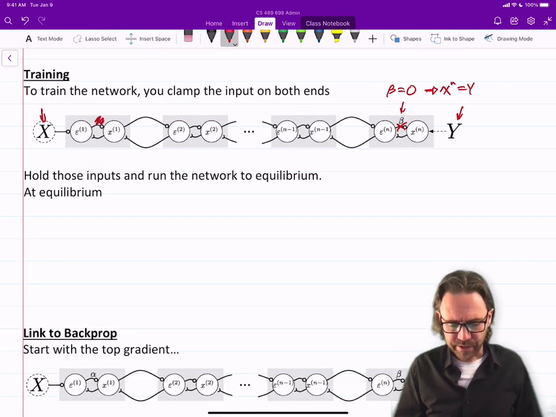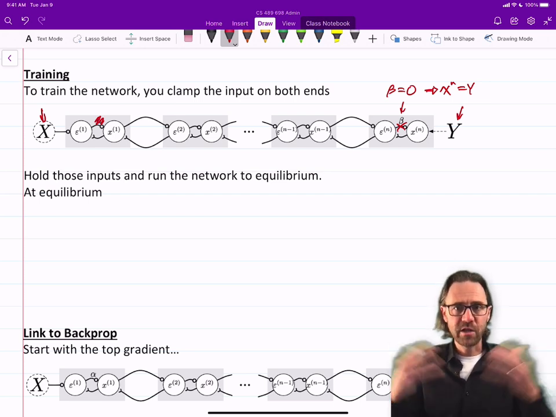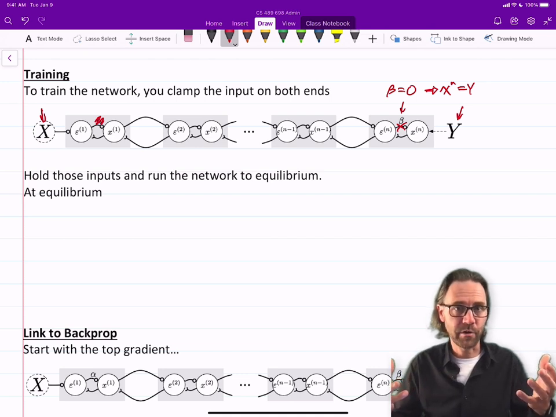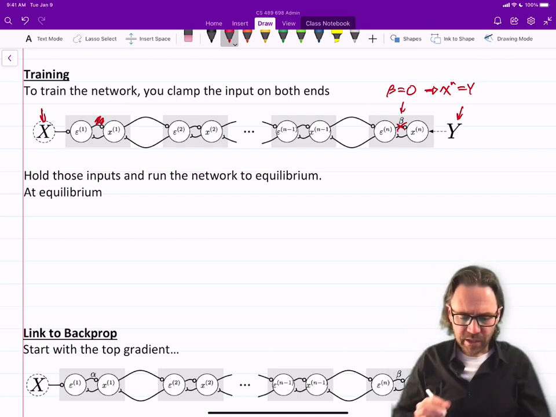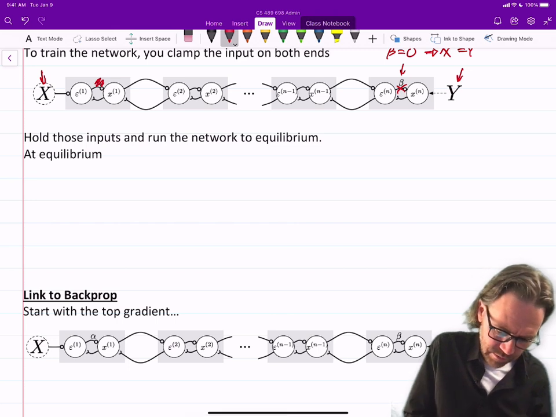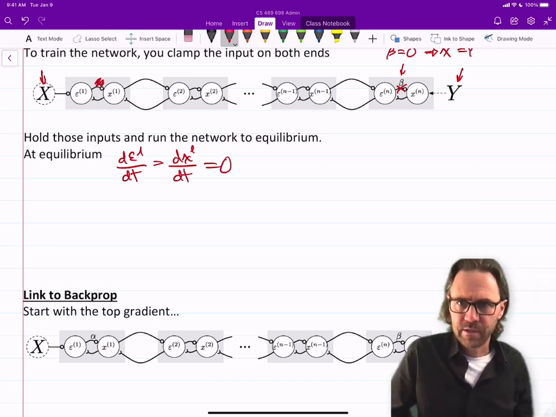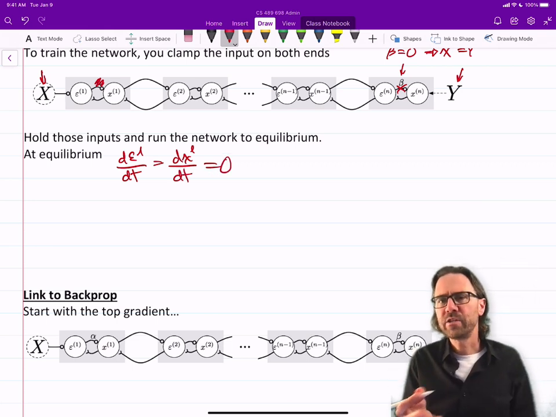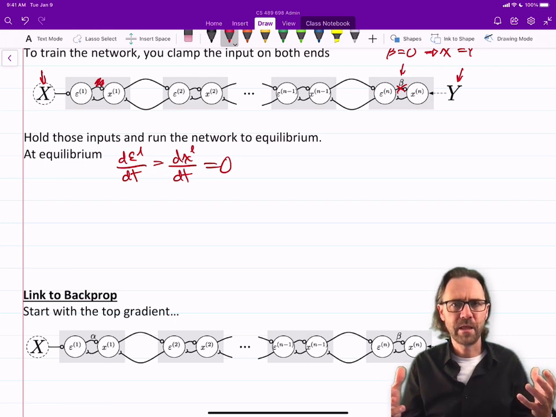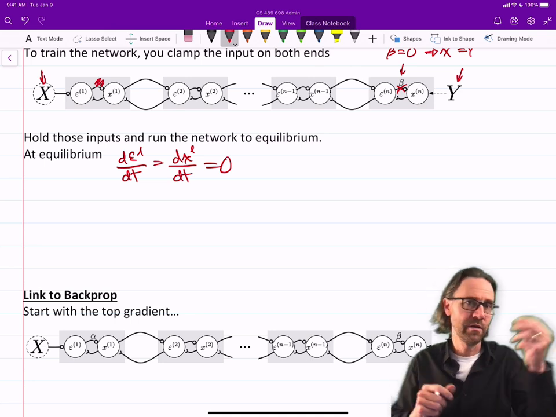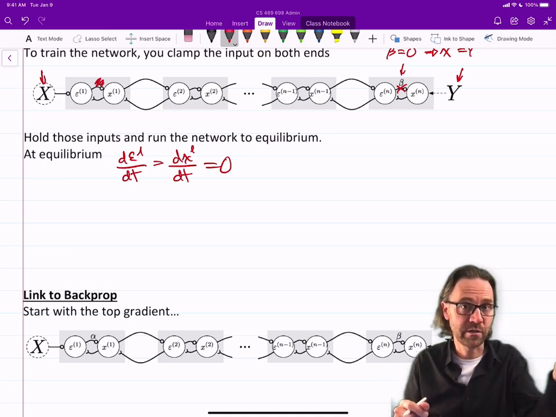So you hold those inputs and run the network to equilibrium. So you hold the x and you hold the y and you let time go, and the network state's going to adjust itself until it doesn't change anymore. And that's equilibrium. So at equilibrium, all the derivatives are 0. So d epsilon L by dt equals dxL by dt equals 0. Here's kind of the secret to how the network gets around this idea that you can't move an error from one end of the network to the other, to this other connection where it's needed.